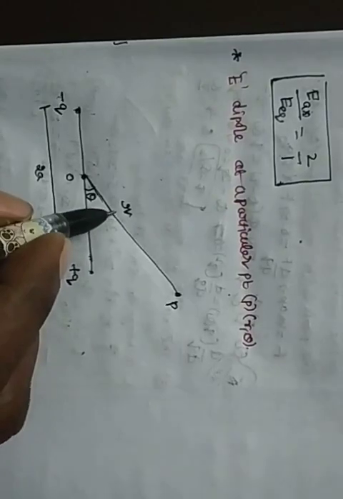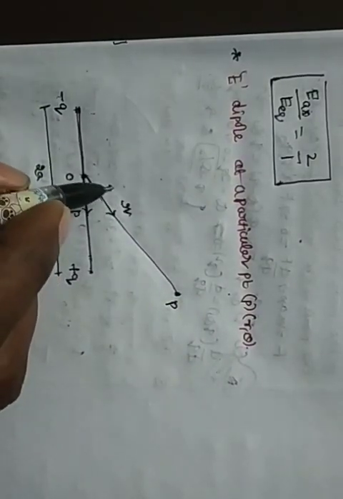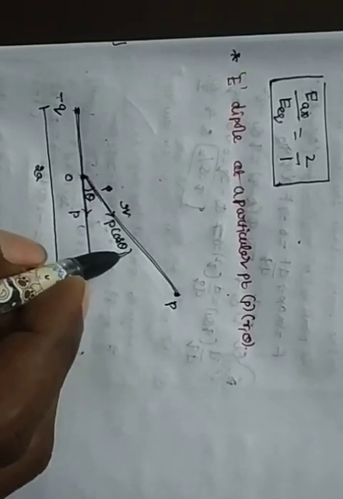Now, dipole moment is a vector quantity or not? The direction of the dipole moment is from minus q to plus q. Then along the dipole moment, the component is vector p cos theta.